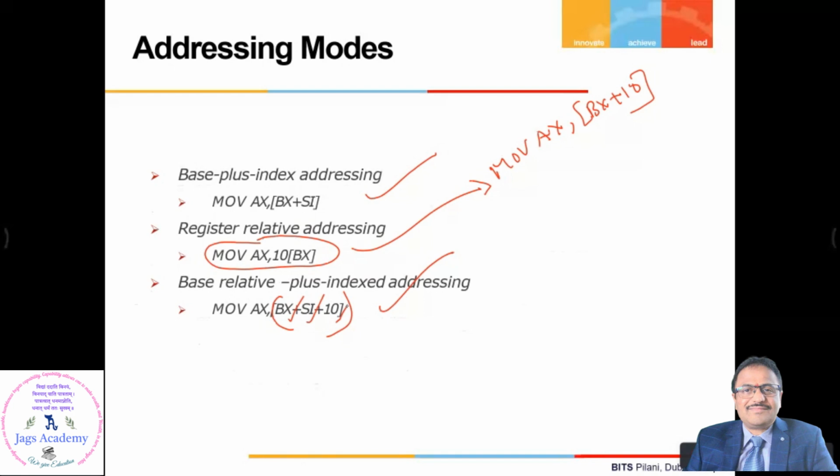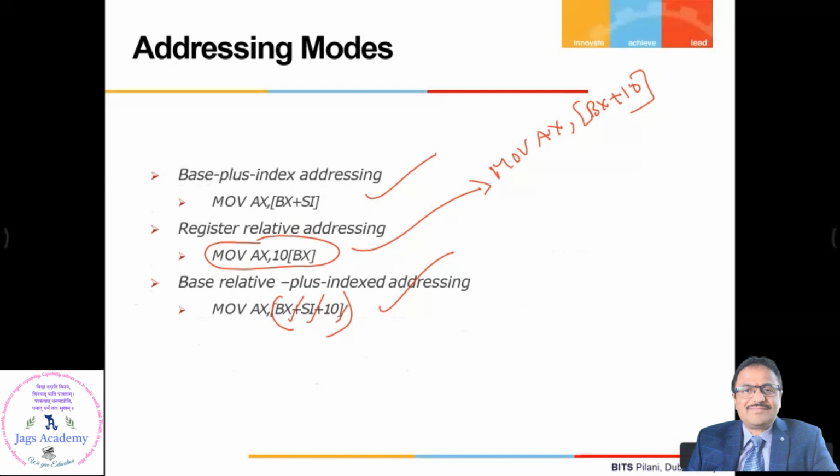All these tell you how to generate an address to get the data from the memory and how to perform the operations. Your data can be in a register, in memory, or an immediate data.